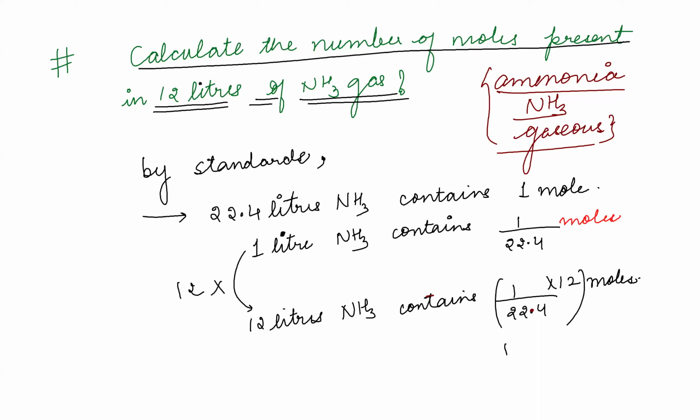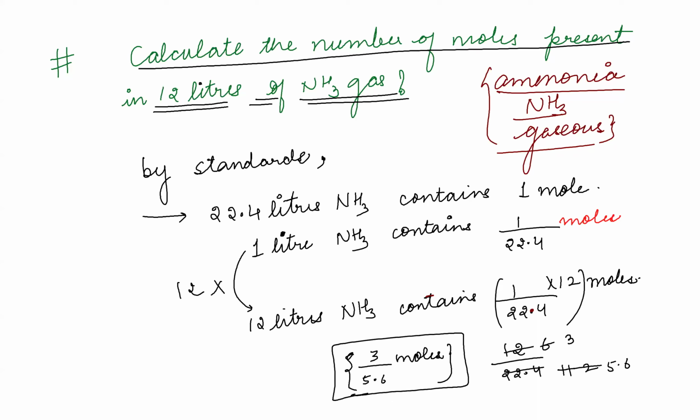And how much is that value? So that's going to be 12 upon 22.4. So it's going to be 6 over 11.2, then 3 over 5.6. So whatever the value comes out, you can always calculate.